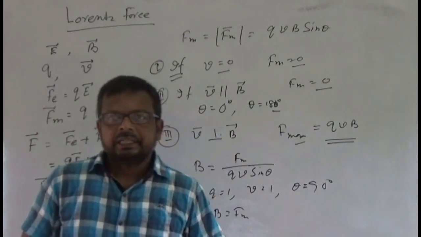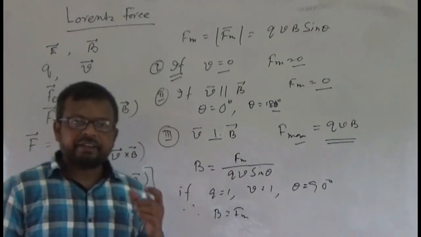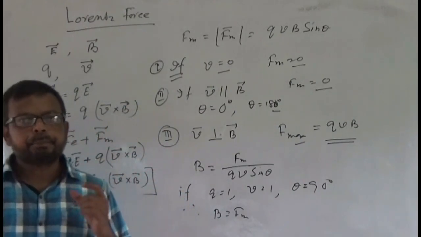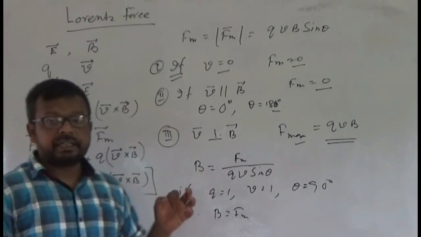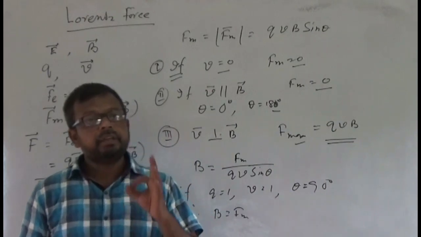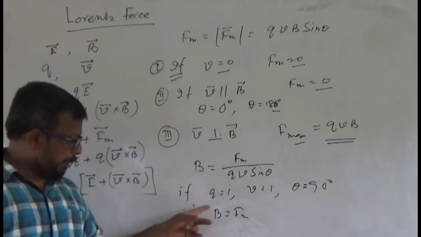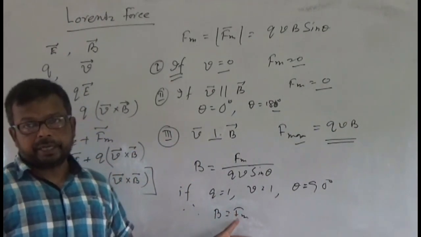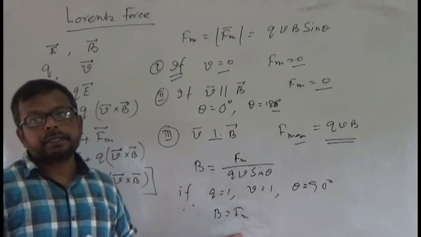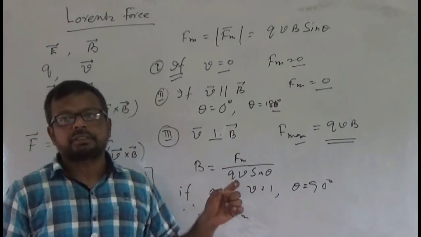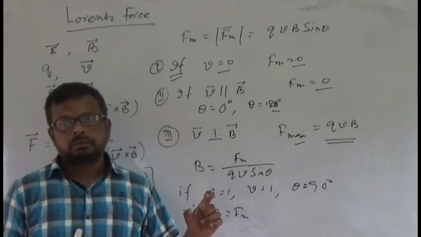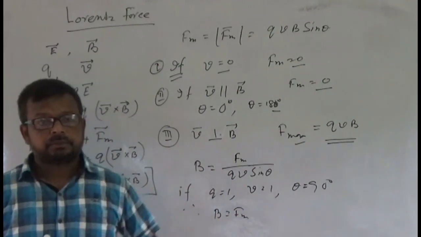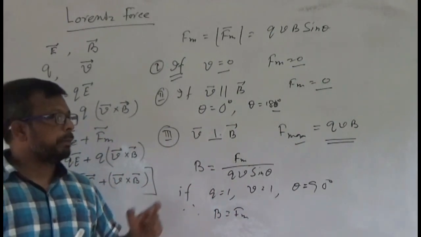That means a magnetic field at a point may be defined as the magnetic force experienced by a unit charge moving with unit velocity at right angle to the magnetic field.